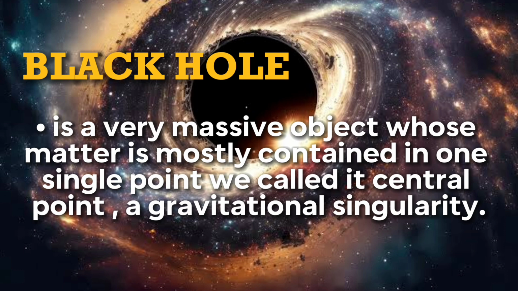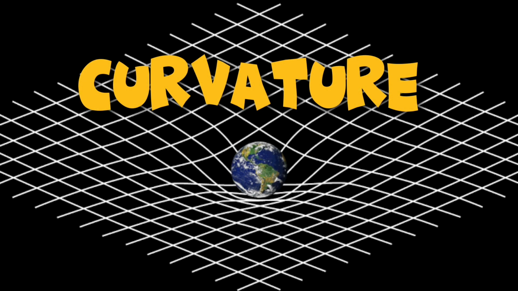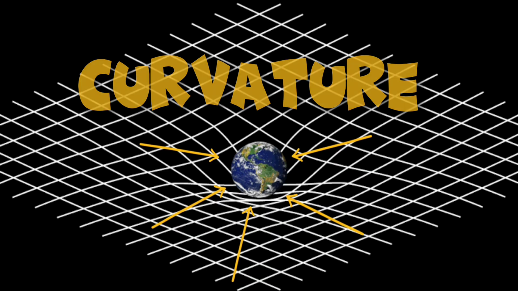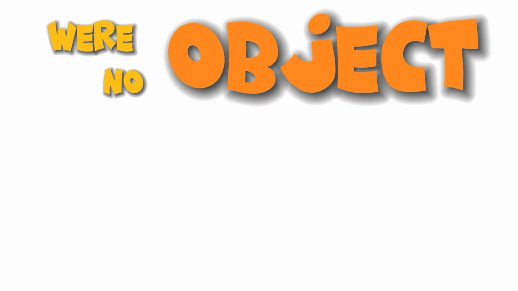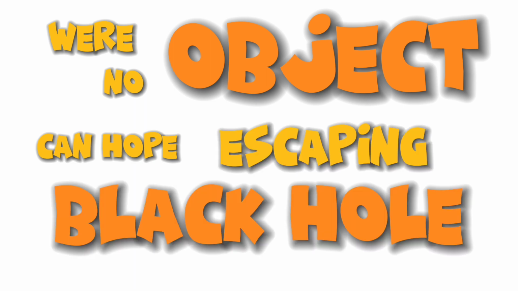We call this central point a gravitational singularity. The curvature of space-time is so great that all straight lines point in this direction, where no object can hope to escape the black hole, even light rays.